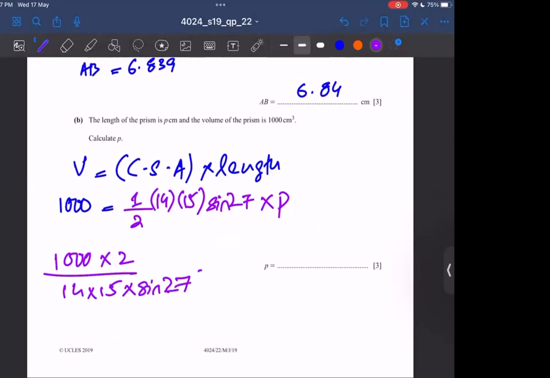You get the value of P. You get the value 20.97, and up to 3 significant figures, the value is going to be 21.0, right? If I add 1 to it, because after 9 we have 7, so I'm going to add 1 to the 9. So I got 10. The 10 is carried forward. It becomes 21.0. You should write 0.0 as well.